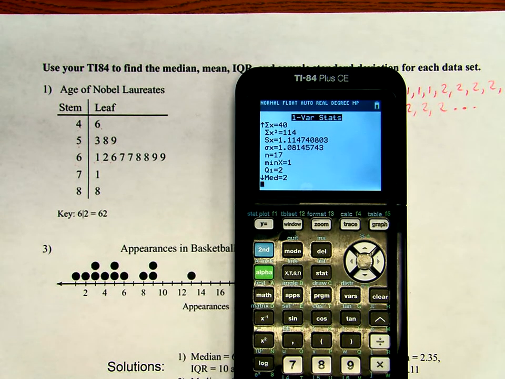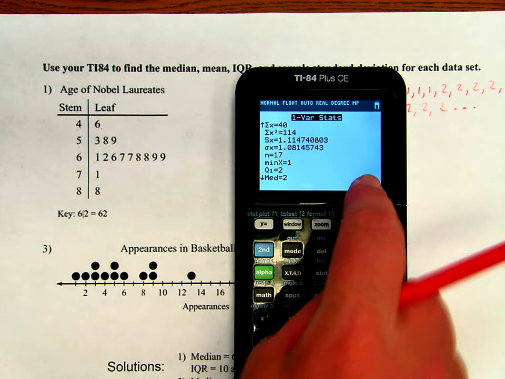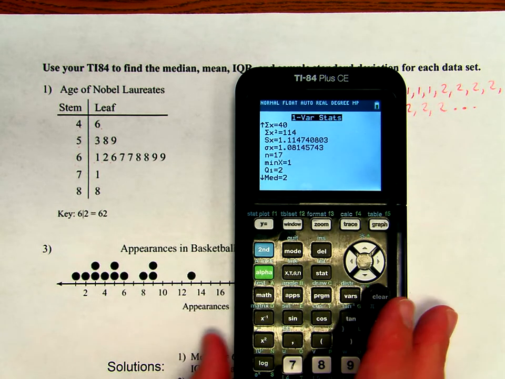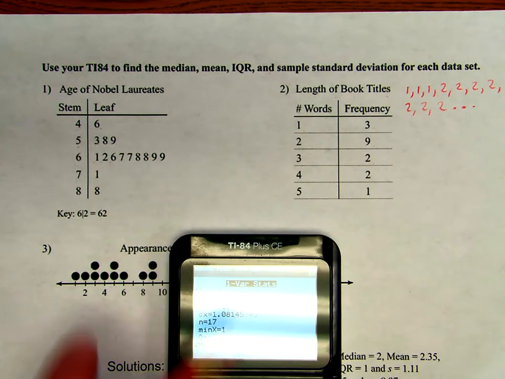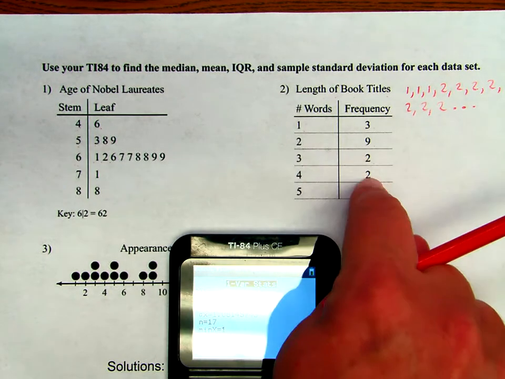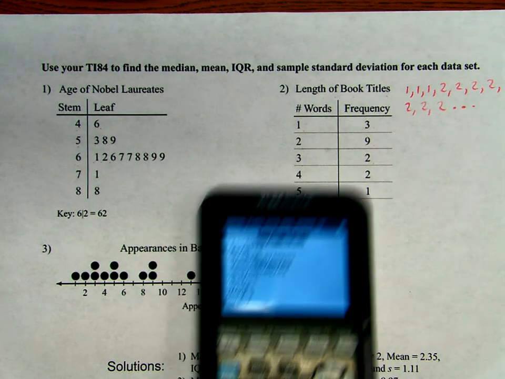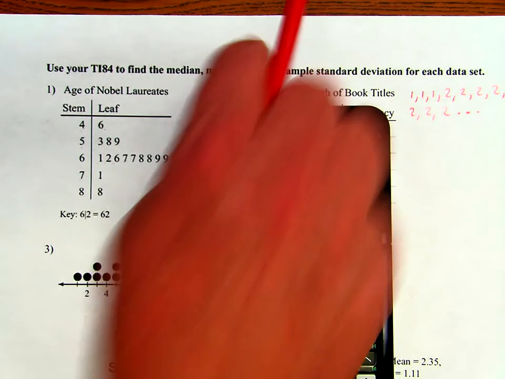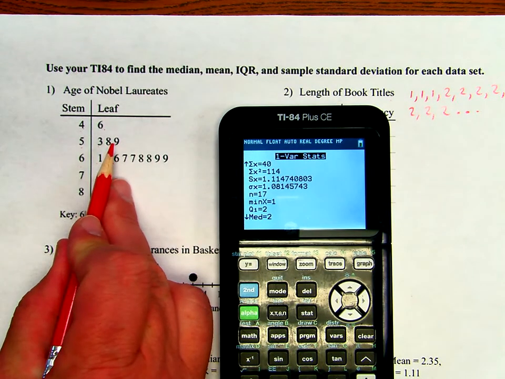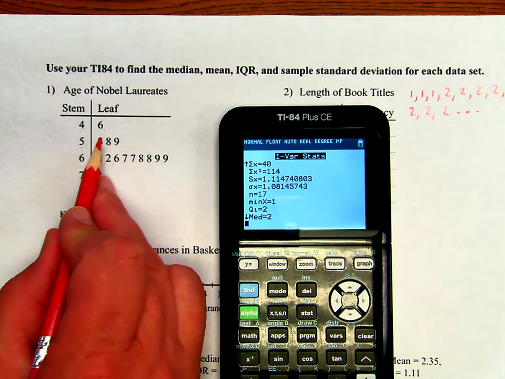The only thing that could possibly happen is if you converted that into a frequency table, then you could use the calculator in terms of having less to type in. Normally that's more work than it's worth. If you need to find those things they're asking us for this data, you're pretty much forced into just going everything in L1, 46, 53, 58, etc.